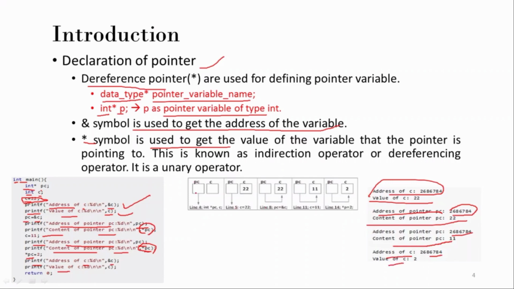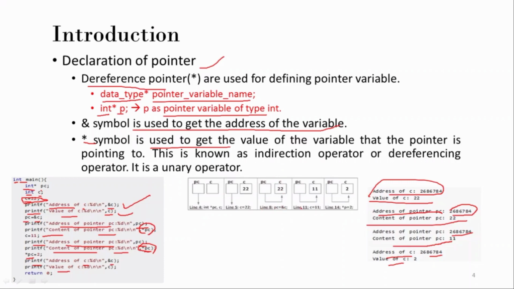So first, we declare pc as a pointer variable of type integer, using the asterisk, pc and c. After that, on line 5, c equal to 22. Here we store that value in that particular memory. Then again, line number 8, pc equal to ampersand c, means we are storing the address of that particular variable c.